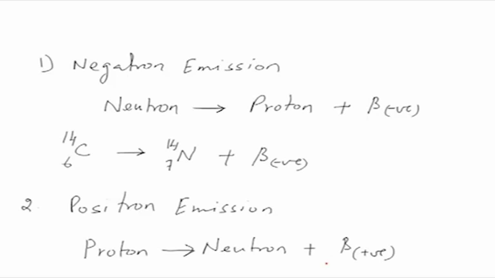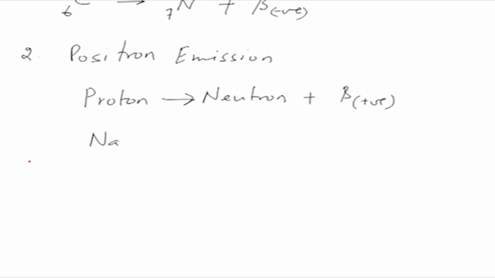For example, sodium is converted to neon, and here you can see the atomic number has decreased and you have a positively charged particle. We'll discuss in detail what happens to this positron.